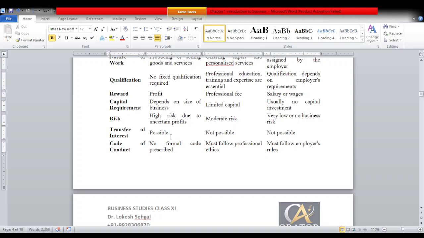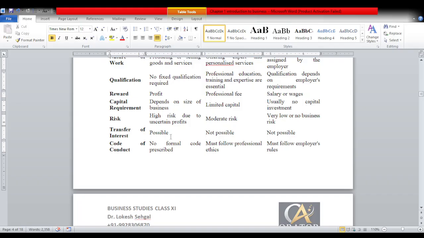They are working on one particular aspect of their business jointly. So transfer of interest is possible from the business point of view, but it is not possible once you are providing professional services, or doing employment activities as an employee. So in this case, not possible, right?